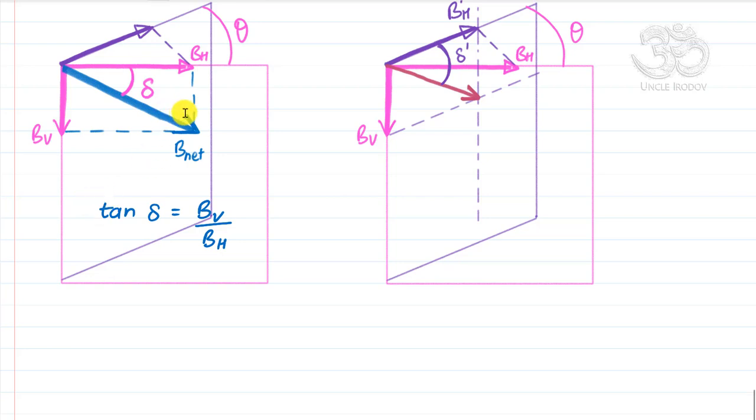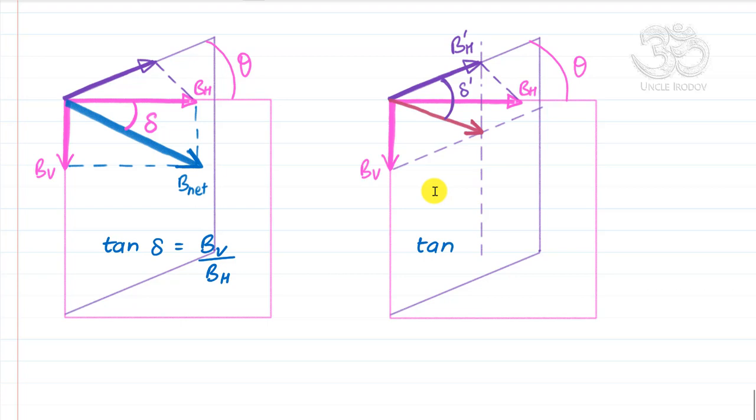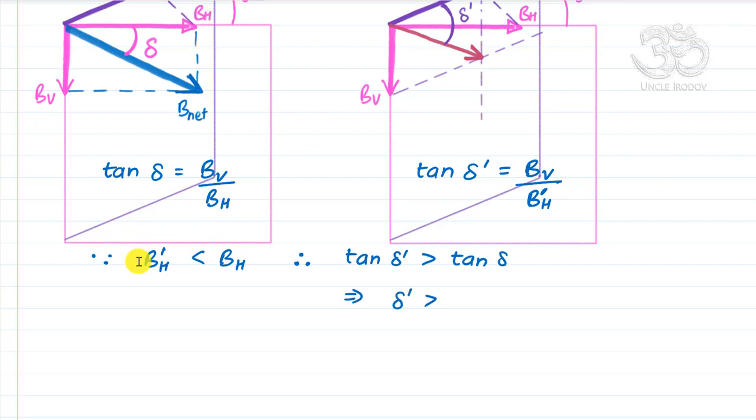Tan delta is going to be BV divided by BH, and in this figure you will see that tan delta prime is going to be BV divided by BH prime, and from here you can deduce easily that since BH prime is less than BH, therefore tan delta prime is greater than tan delta, that means delta prime is greater than delta.